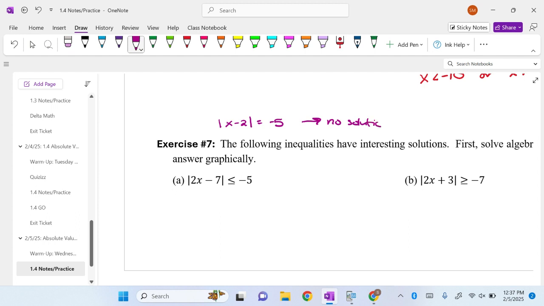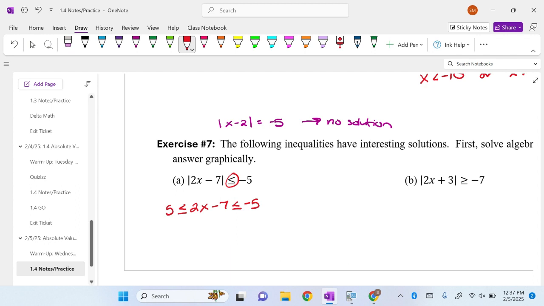Now, that's not necessarily true with inequalities. So depending on the situation, it could or it could not work. So we're going to do these two examples where we try it. All right. So first off, I'm going to solve this one. So it's less than. So we're looking at a compound inequality. So I would have it as 2x minus 7 less than or equal to negative 5. And then you'll put 5 on the other side.